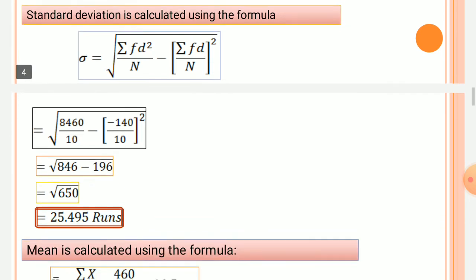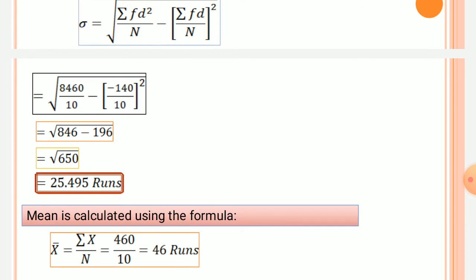So by simplifying this we have root 650, which is equal to 25.495 runs. This is the value of sigma.